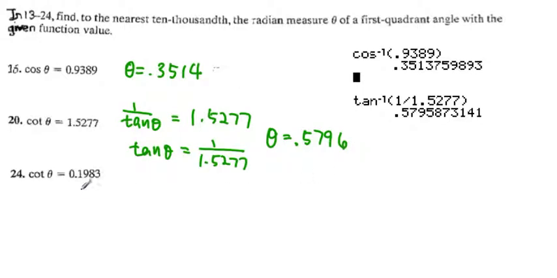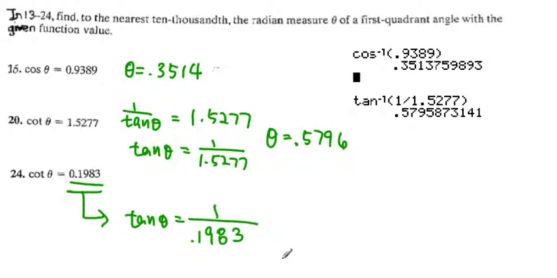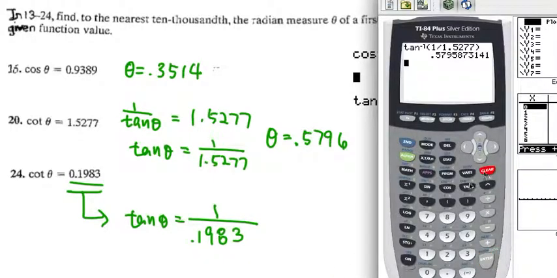Let's look at the last one. This one will be going through the same manner as this one. So in order for us to get this answer, tangent theta will be equal to 1 over 0.1983. Alright, so let us try to put that into our calculator. Inverse tangent of 1 over 0.1983.